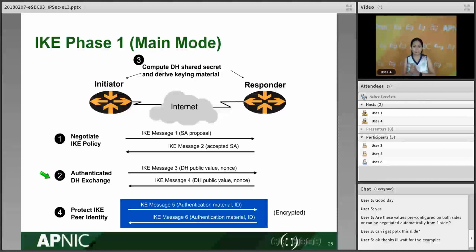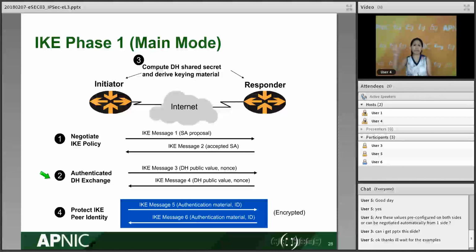But how does it work? It uses very high random values, and through the Diffie-Hellman algorithm, they are able to come up with the same value. They come up with very high values and then exchange them publicly.